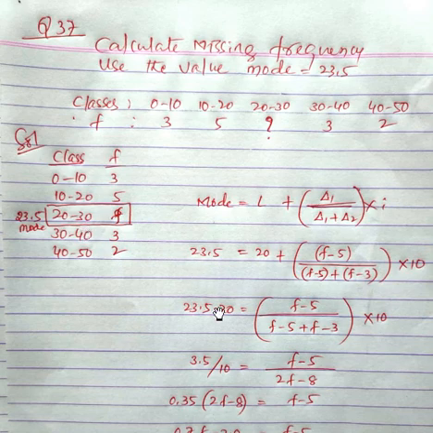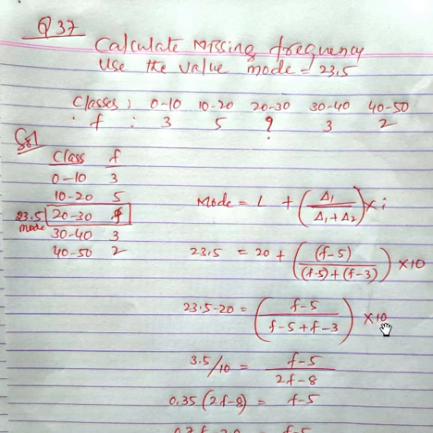Then you find the differences one by one. Shift 20 to the left side: 23.5 minus 20, and the rest is the same. Below that, F minus 5 plus F minus 5, and I release the bracket here. Plus F, plus F, and the minus 3 is minus 3, so I release the bracket here. Once you release the bracket, the values look like this.